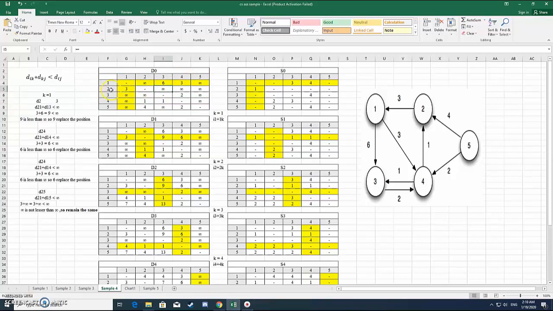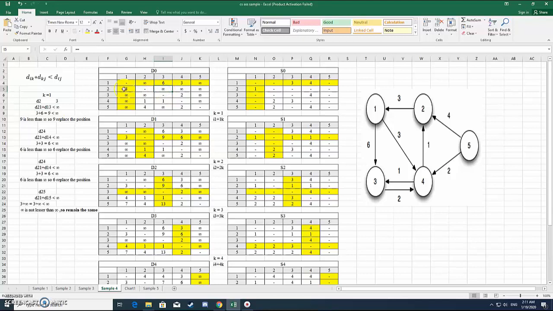D2,3. Follow this formula. Dij represents D2,3. i represents 2, j represents 3, and k is k. So follow this formula: Dik plus Dkj less than Dij. So D21 plus D13 less than infinity.